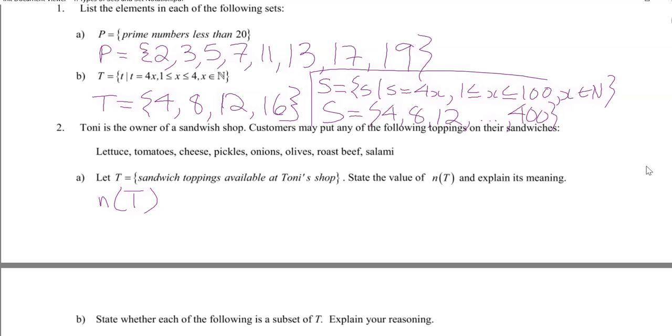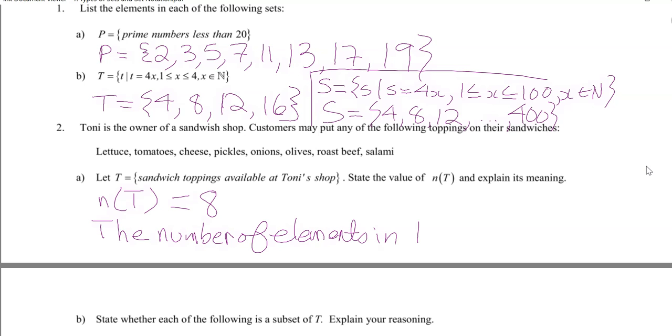I think it's 8. What does n of T mean? It's the number of elements in the set, capital T. If you wanted to enumerate T, then you would say T equals the set consisting of, et cetera. n of T is how many things are there, how many toppings are available.